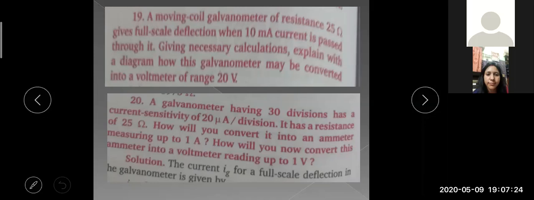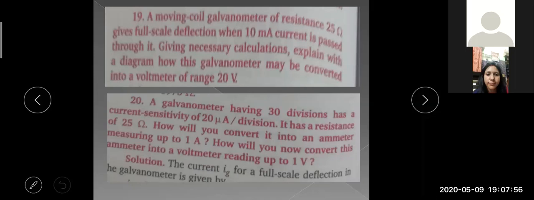So for the conversion of galvanometer into voltmeter, you have to connect resistance R in series with the galvanometer and find the value of Ig in the galvanometer. Now find the value of R. R is the series resistance which is connected to the galvanometer, as we have done in conversion of galvanometer into voltmeter. So you will get the answer.